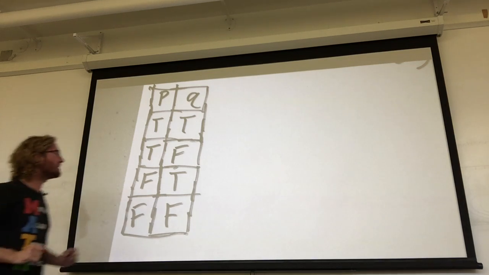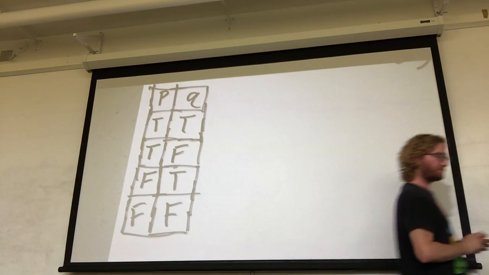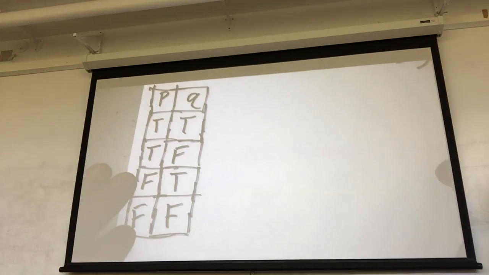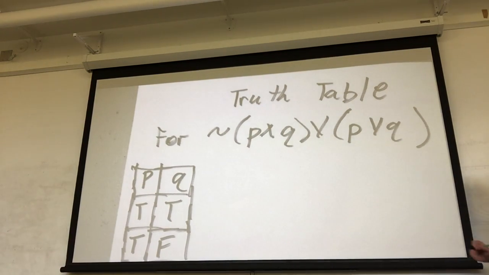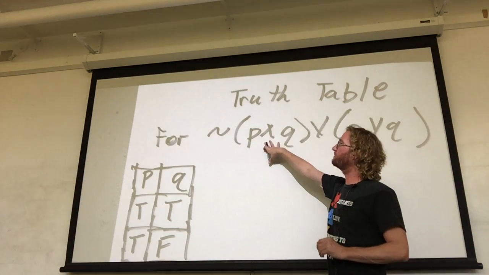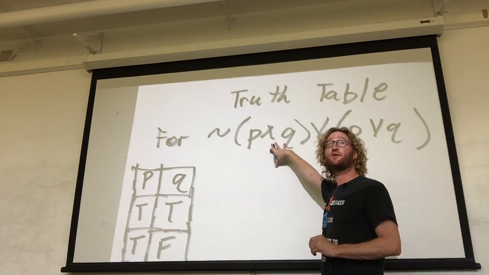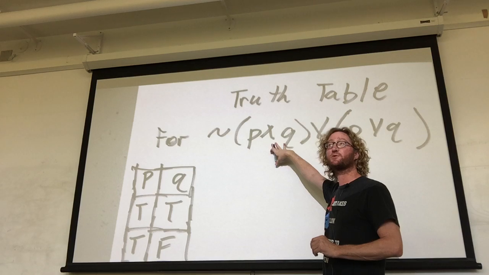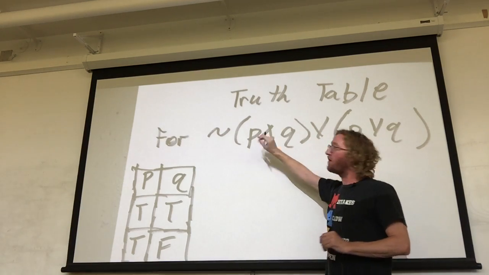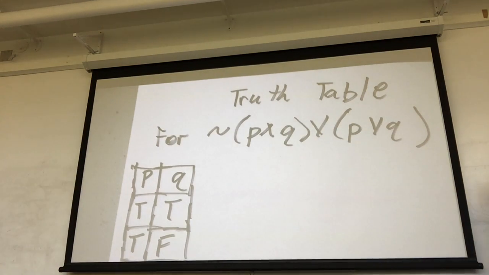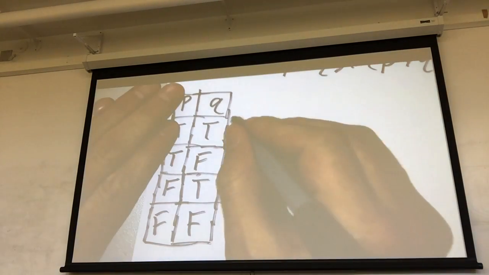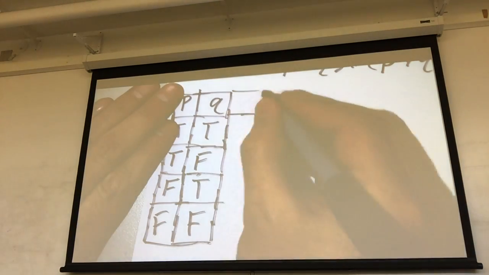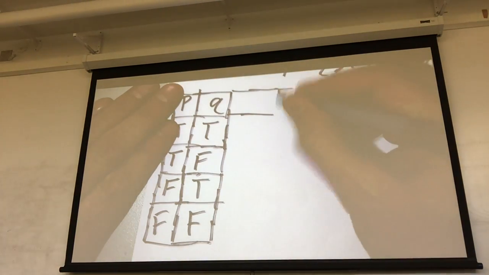Now, given these possibilities, the first question that I would ask is, what would be the truth table for P and Q? So we'll just start with this portion of it. If I talk about P and Q, we did this just on the other page.